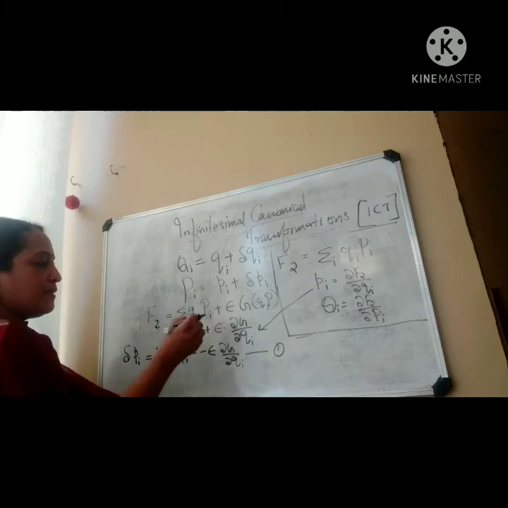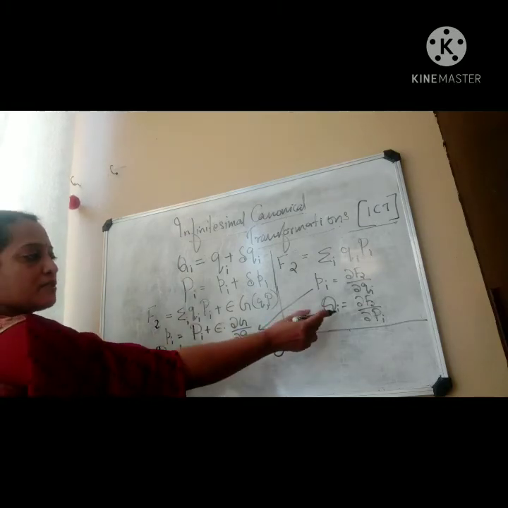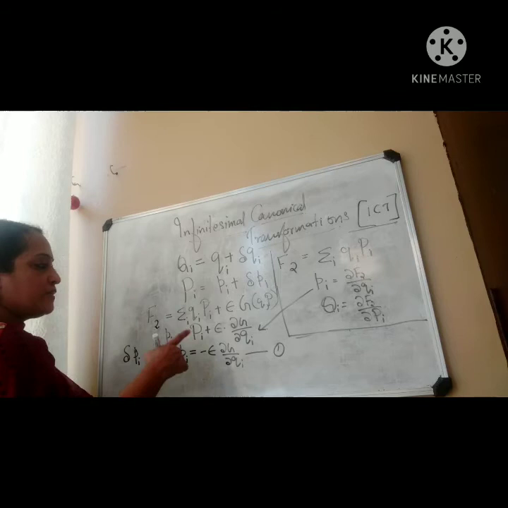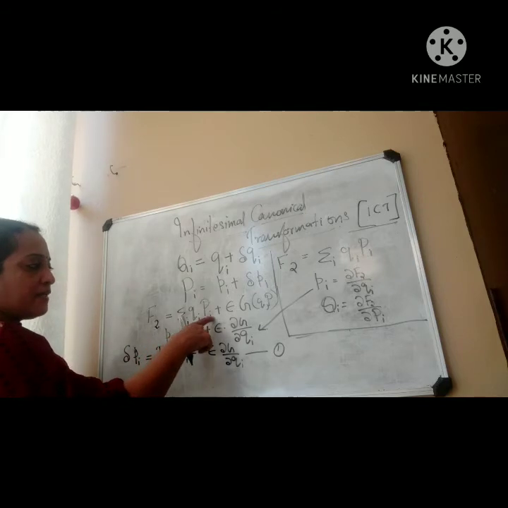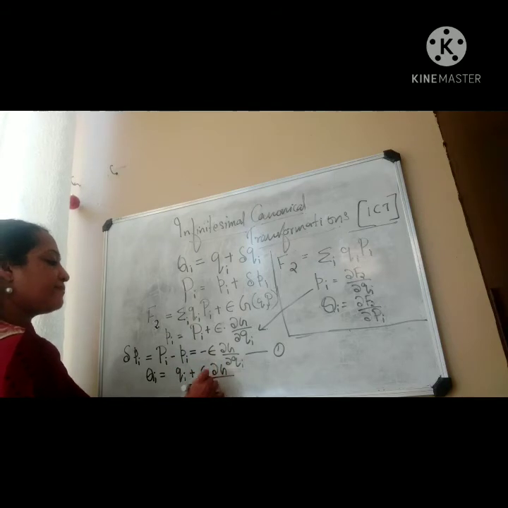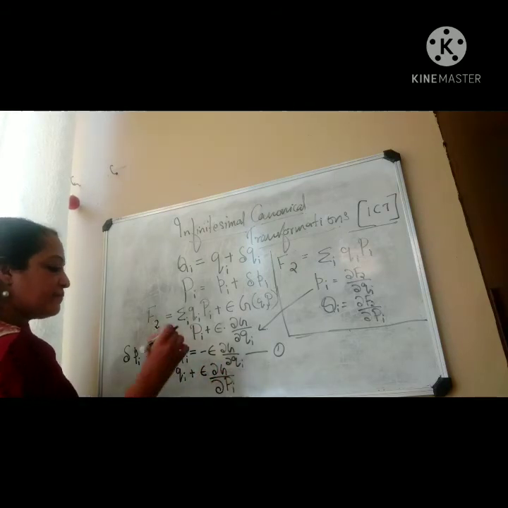Now, let us see the next transformation equation, that is, capital Qi is equal to dou F2 by dou Pi. With respect to capital Pi, we have to differentiate this. So this will be equal to Qi equal to qi plus epsilon times dou G by dou Pi.